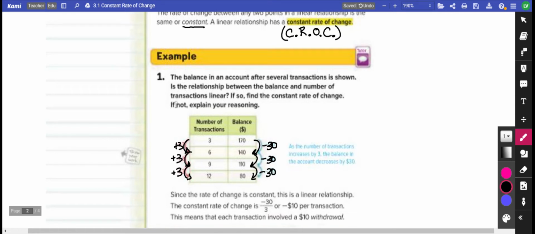So to find the constant rate of change, that means we have to find our balance to our transactions. So if we are decreasing by $30 for every 3 transactions, that reduces down to 10 divided by 1, which is reduced down further to 10. So that means that it's negative $10 per transaction.